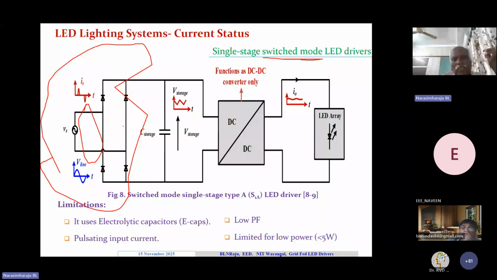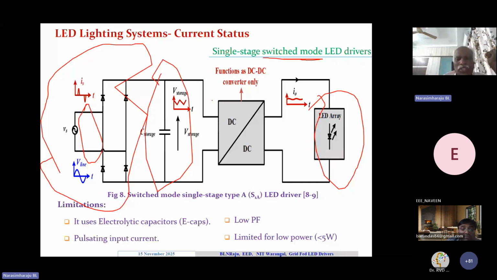Obviously, here we get a large DC rectified voltage, but this driver needs a very low operating DC voltage. So we cannot connect this rectified voltage directly to the lamp. It needs one more conversion process, a step down DC to DC conversion. So this could be a step down DC-DC converter. That's why I call it a single stage.